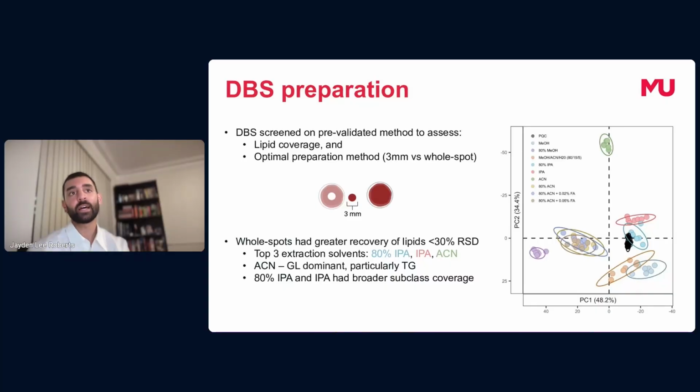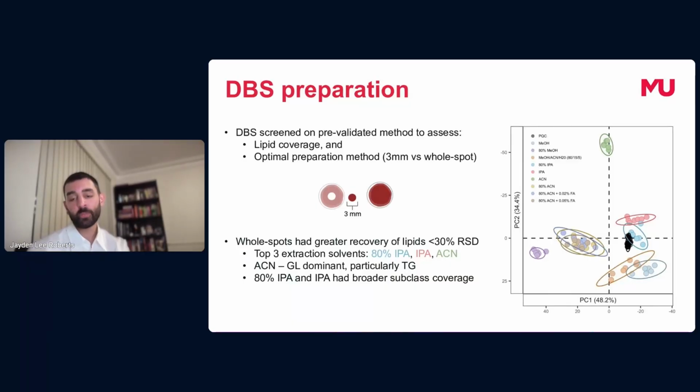The method comprised 1,163 lipids across 20 lipid subclasses and performed semi-quantitation using 67 internal standards. What we identified from these data is that in replicate DBS samples, whole spots had a greater recovery of lipids with less than 30% RSD. And so we selected the top 3 extraction solvents, namely 80% IPA in water, IPA, and ACN, to continue on for further testing as part of the development of the untargeted method as well.